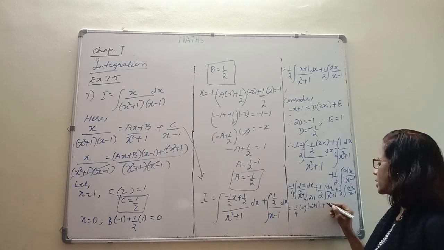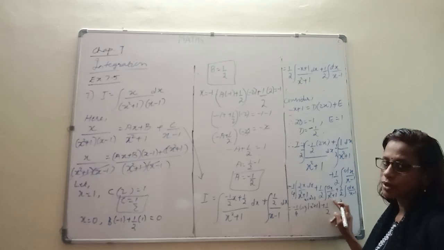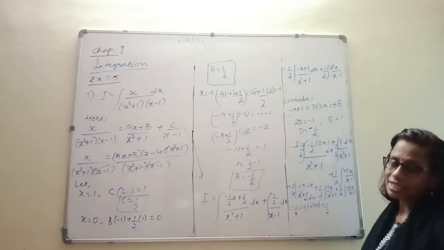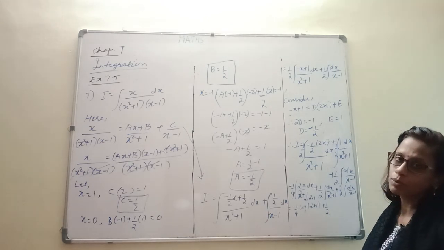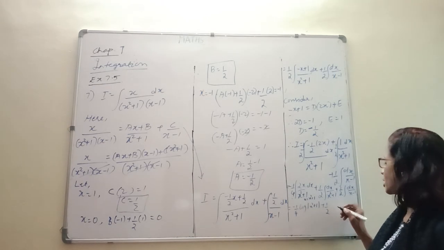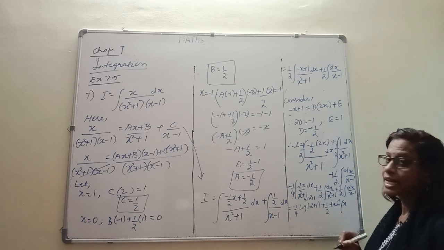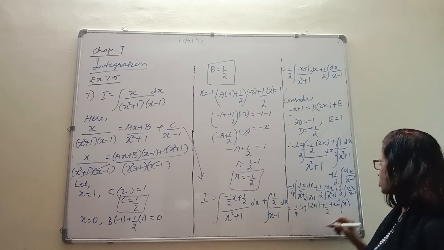For the second one, it is half times the integral of dx over x squared plus a squared. We have learnt it last time in special functions. It is 1 over a tan inverse of x over a. So 1 over a is 1 here, so doesn't contribute; a is 1, so it will be just tan inverse of x.